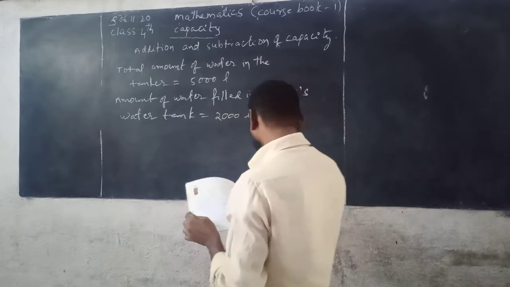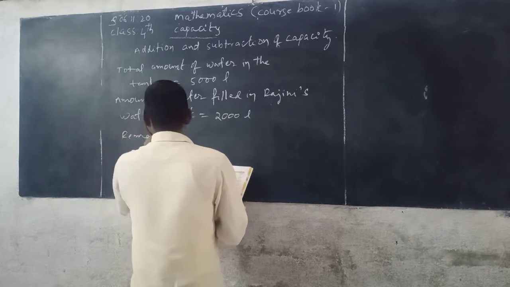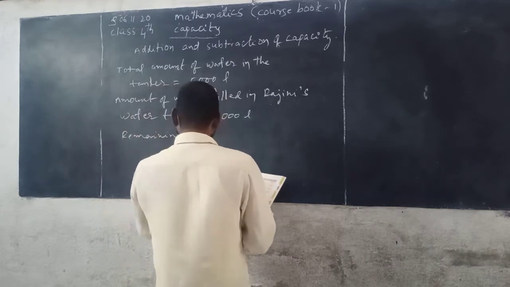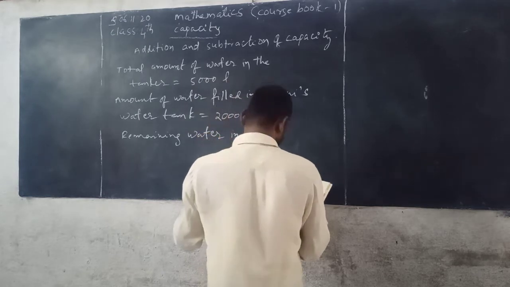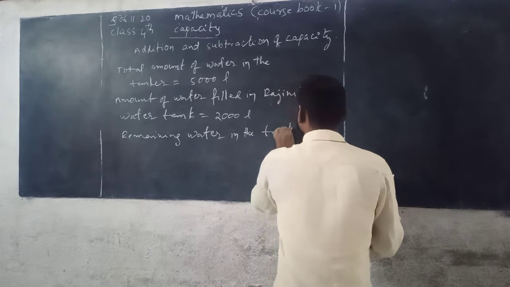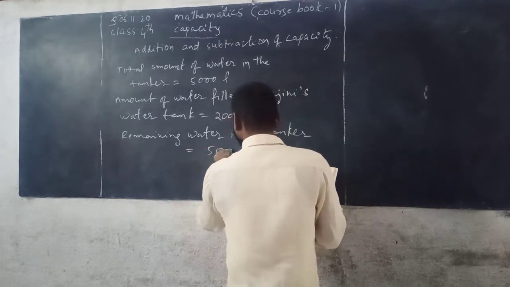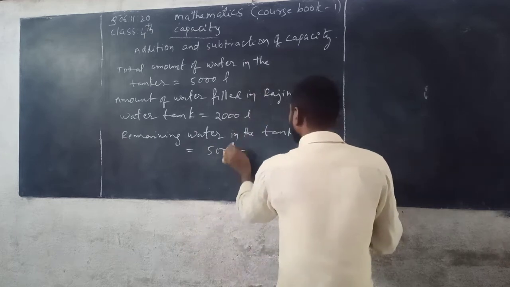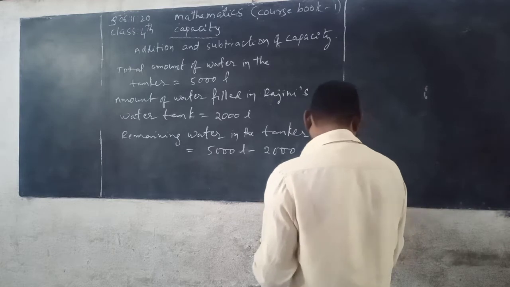Next, remaining water in the tank. What do I have to do? Remaining water in the tanker is equal to 5000 liters minus 2000 liters, you get 3000 liters.